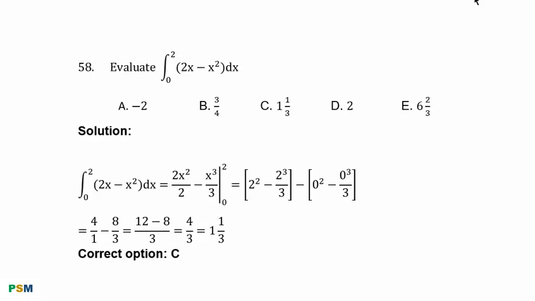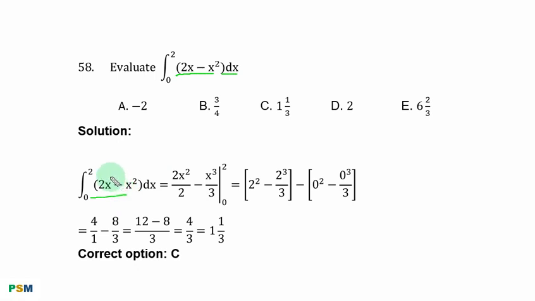Question 58. Evaluate the integral with upper limit 2, lower limit 0 of this function with respect to s. Solution. When integrating an algebraic function, you simply add 1 to the power of the variable and divide by the sum of the powers.